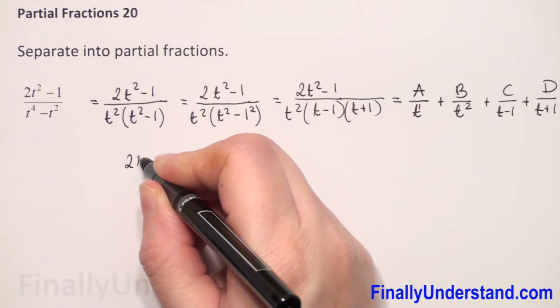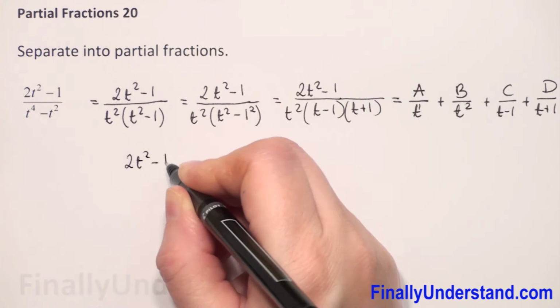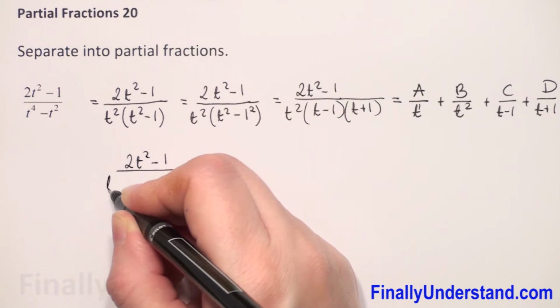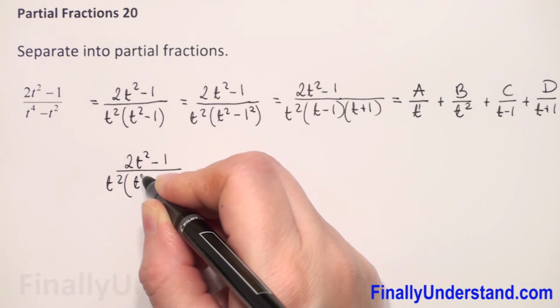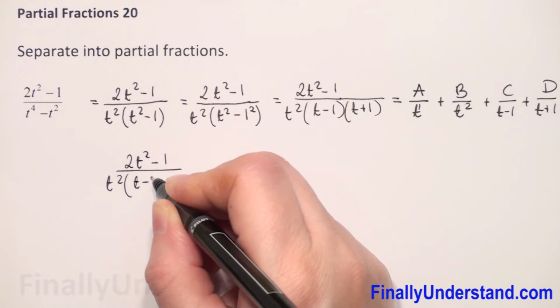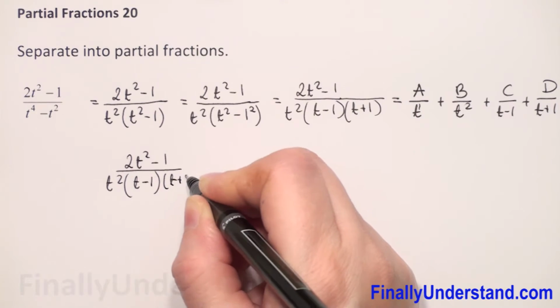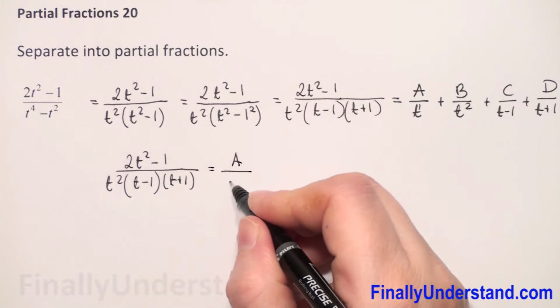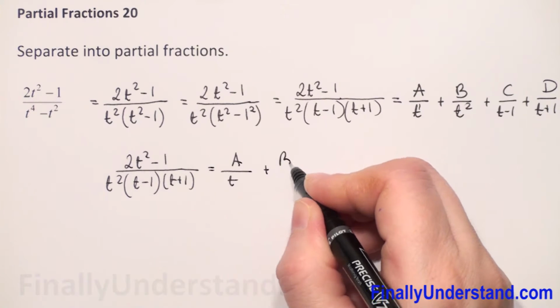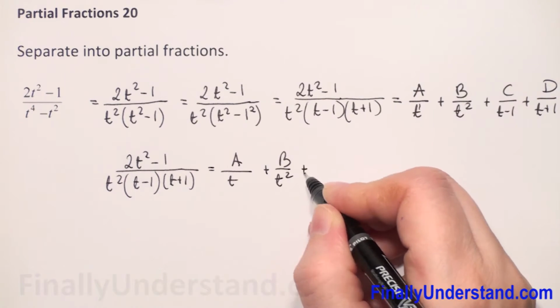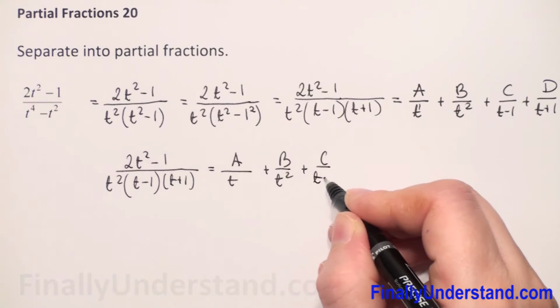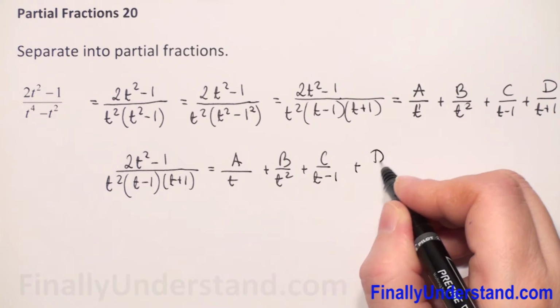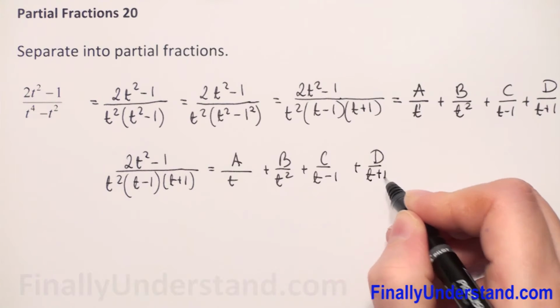We have 2t squared minus 1 over t squared times t minus 1 times t plus 1, and now we have A over t plus B over t squared plus C over t minus 1 plus D over t plus 1.